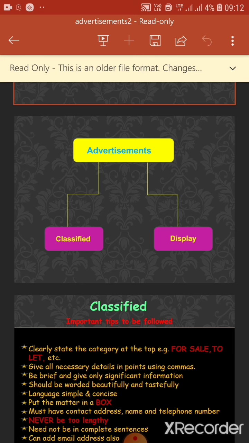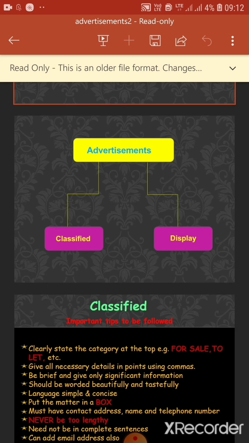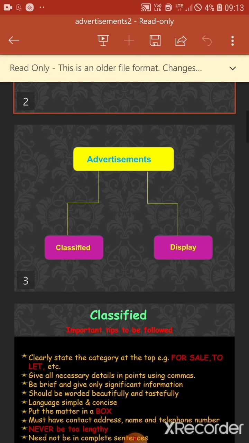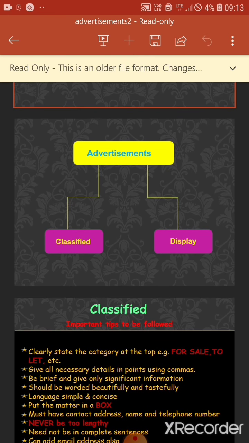Before we discuss the writing skill of the classified advertisement, we must see it from the examination point of view, the breakup of 4 marks. It is a short composition asked for 4 marks in the CBSE board examination.